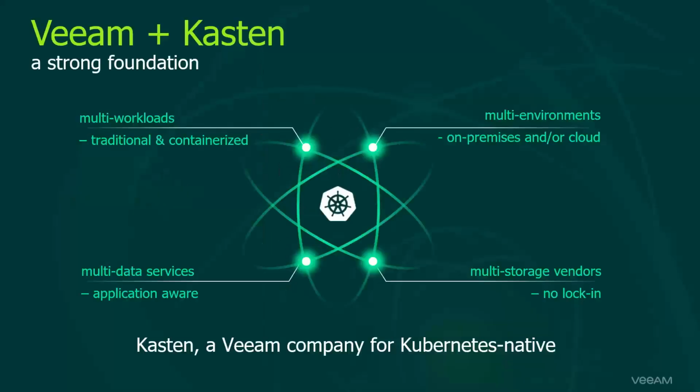First of all, Veeam plus Kasten, right? We believe that now we have a really strong foundation here, because on the Veeam solutions part and on the Kasten solution part, we see very many similarities. We have multi-workloads, so both solutions are constantly working with multi-workloads.